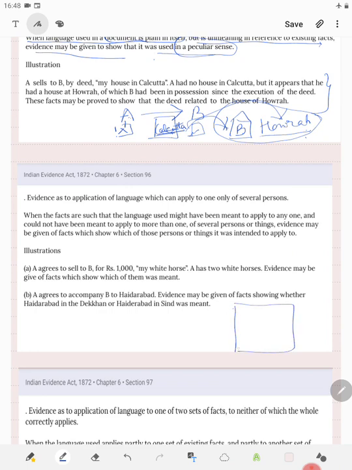Suppose A says to B that I will sell you my white horse for so and so rupees. Now suppose A has got three white horses. All three are white. But he says he has sold only one.